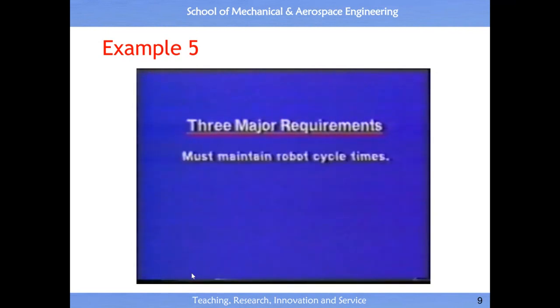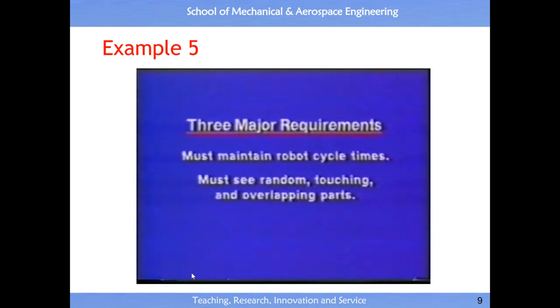First, robot guidance vision must not slow the robot. Rapid data processing is important to maintain cycle times and throughput. Also, the system must handle randomly oriented, touching and overlapping parts, because that is how parts are generally found in factories. Finally, it must be easily implemented so your engineering time and costs are minimized.